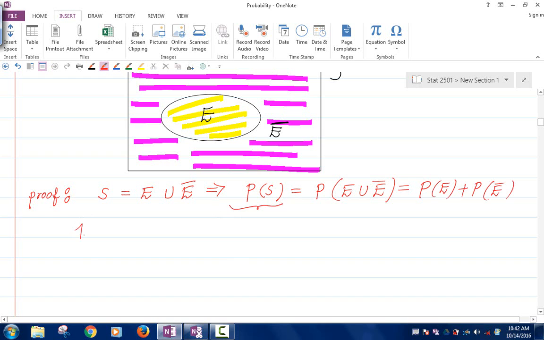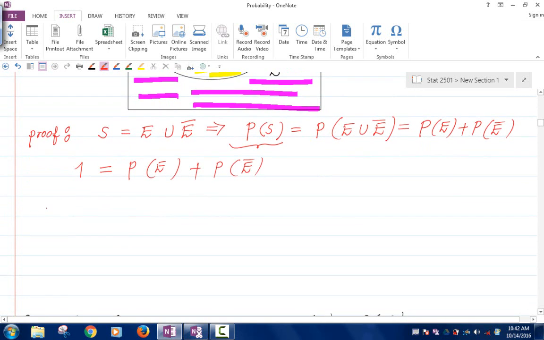So I get 1 is equal to the probability of E plus the probability of E complement, and hence the probability of E complement is 1 minus the probability of E. Very good. Is everybody clear?